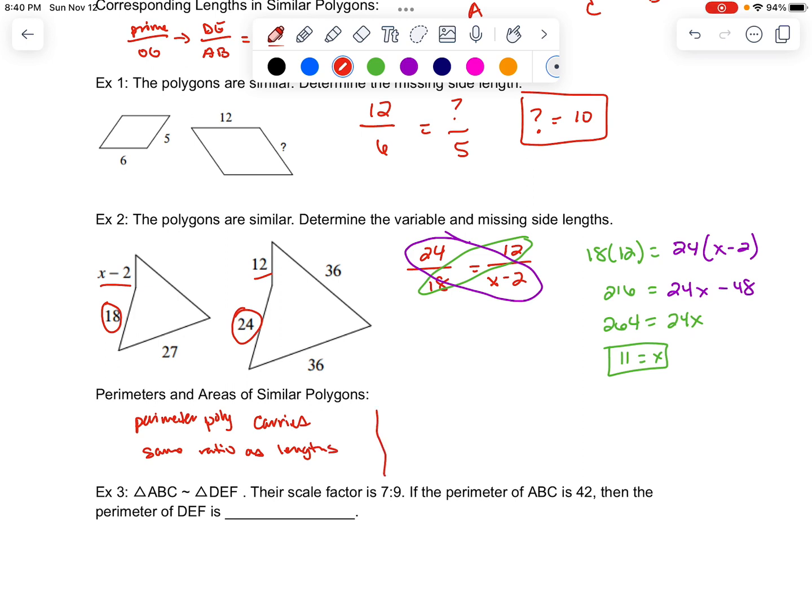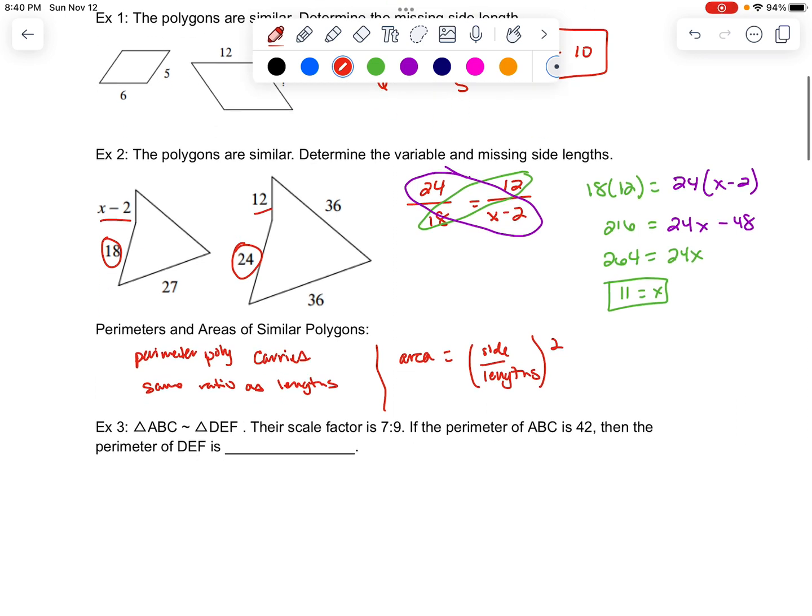Now the area is a little bit different. The area equals your side lengths, but squared. So example 3 here, you have a situation where you don't have a picture, which is totally fine.